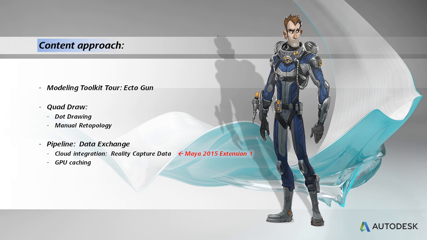And we'll look at manual retopology with the Quad Draw tool with this pipeline workflow or data exchange. This is where we can bring in reality capture data through the new cloud integration available within Maya 2015 Extension 1. And we can take advantage of things like Alembic caching and GPU caching, where I can take really large, dense data sets and offload that to my GPU so that I'm able to work with it really quickly within my Maya environment.